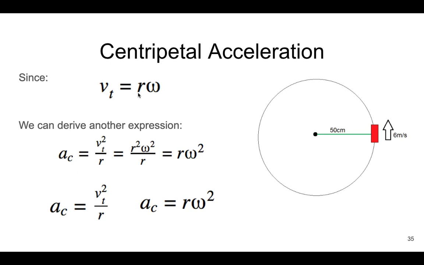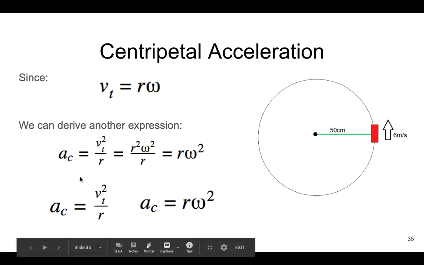Well, if you sub in r omega for v tangential, and that gets squared, so both things get squared, now we have r squared omega squared divided by r. Well, one of the r's cancels, and that gives you r omega squared. So this is another expression for a sub c, centripetal acceleration. So these are the two. I think of it first in this expression here, but this other one is sometimes useful.